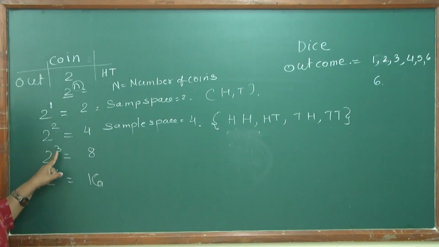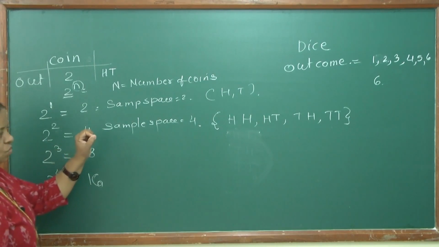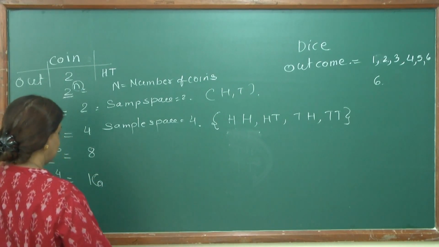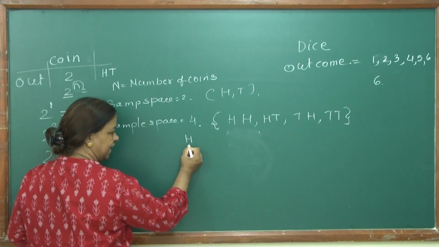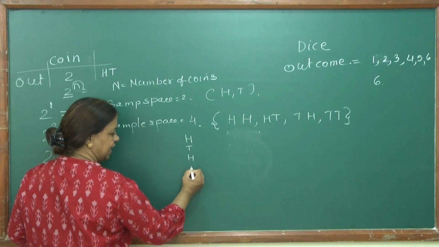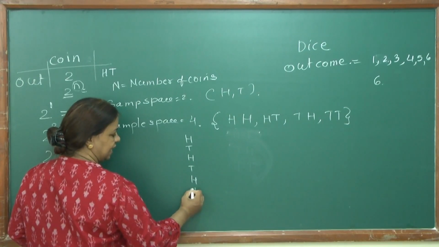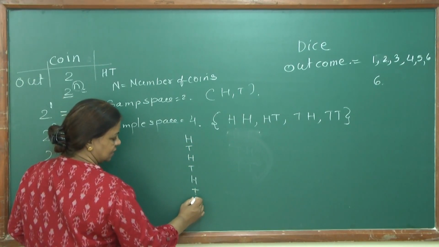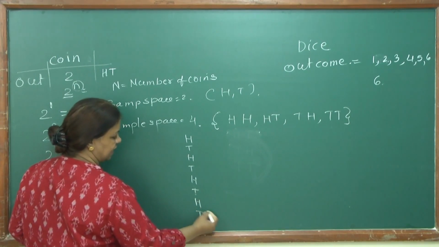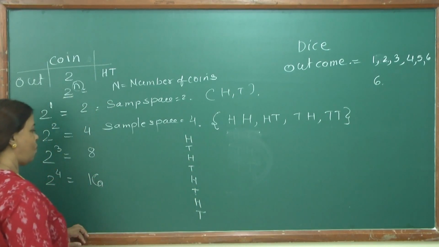Now when 3 coins are tossed, 2 raised to 3, 8 sample space. So how to write that 8 sample space? You will write down 8 places: one time head, tail, head, tail, head, tail, 1, 2, 3, 4, 5, 6, 7, 8. 8 sample space.